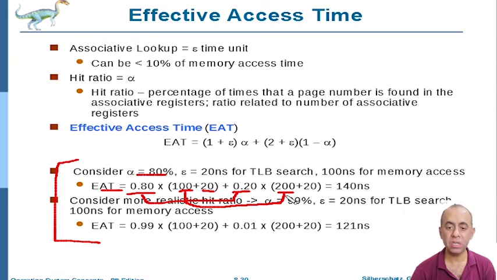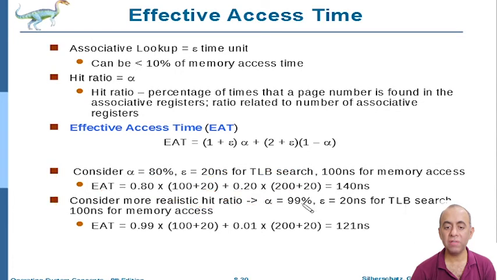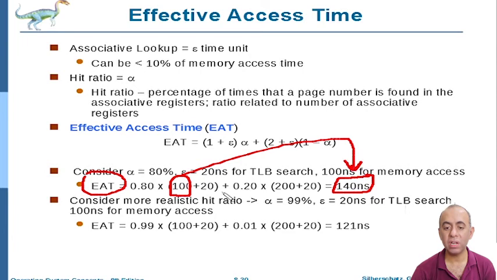And again the TLB was also read in this, so the effective access time for memory reads would be 140 nanoseconds. So you can see that instead of 100 nanoseconds, you're getting 140 nanoseconds for an 80% hit ratio. That means the TLB found the page table in it 80% of the time.